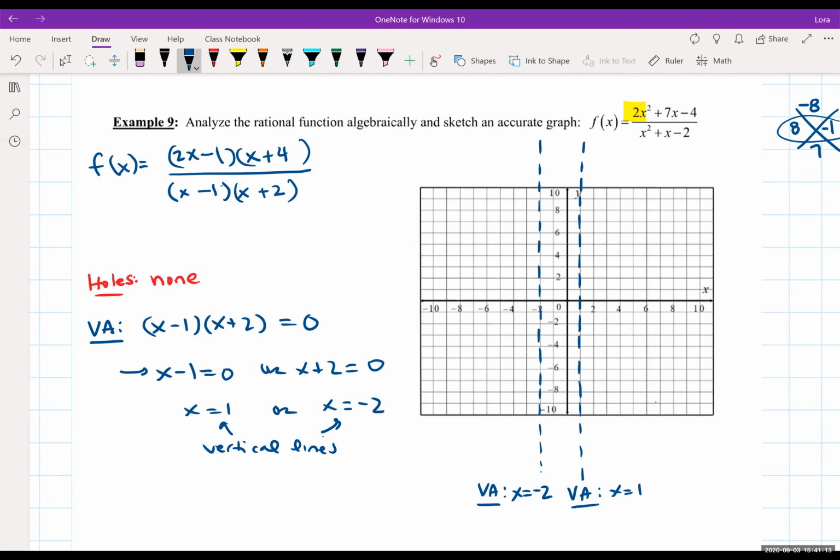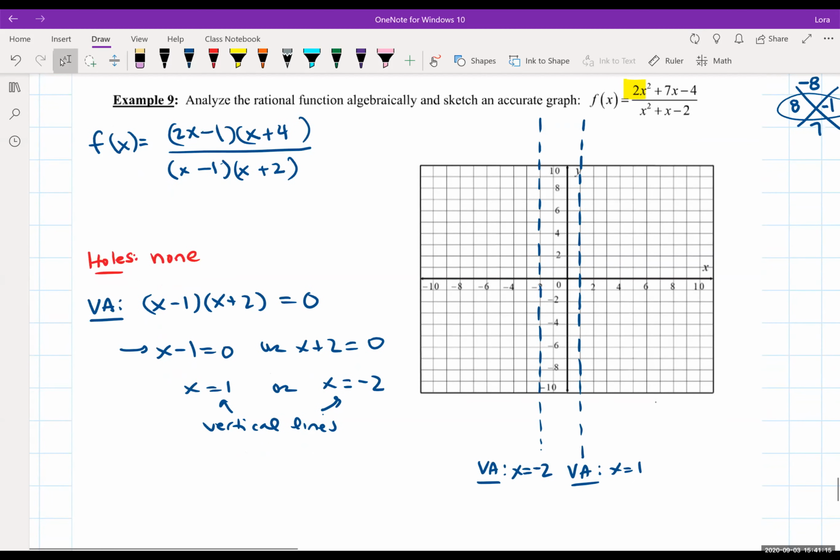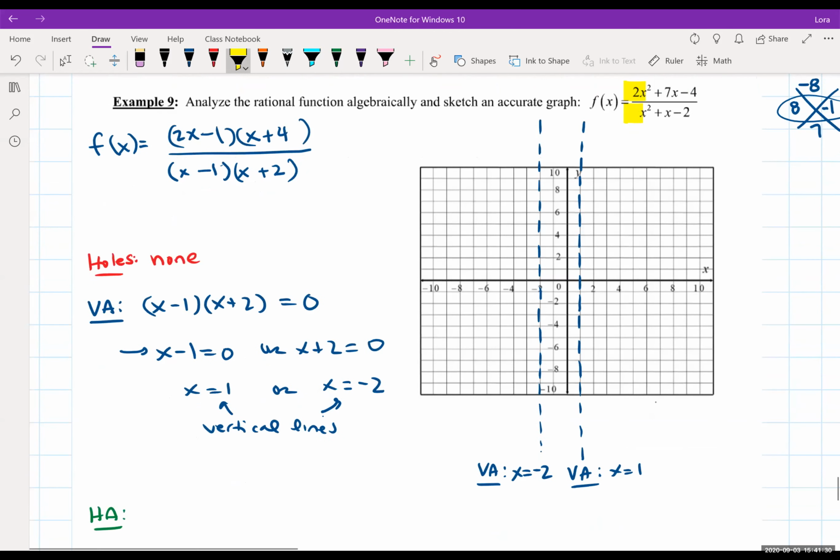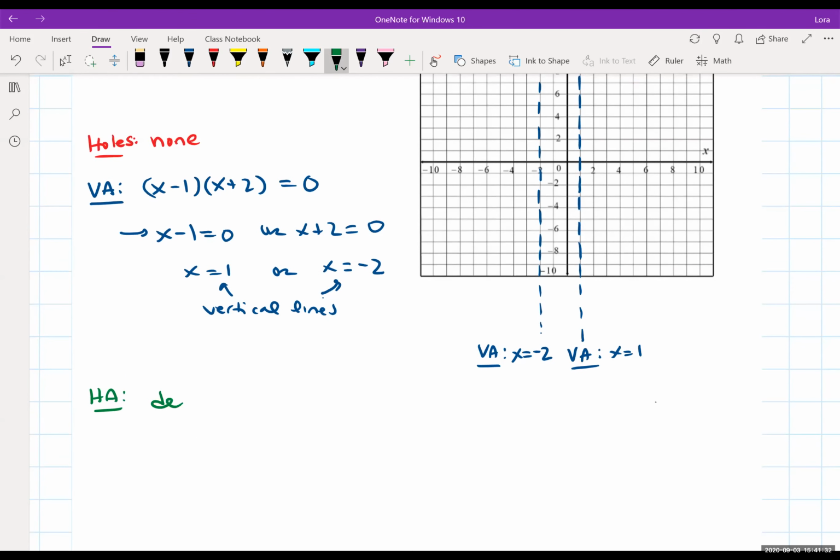Okay. Next thing, we're going to address, do we have a horizontal asymptote? So let's compare those degrees. I'm looking at the original function and looking at the leading coefficients. It appears the degree of p of x is equal to the degree of q of x.